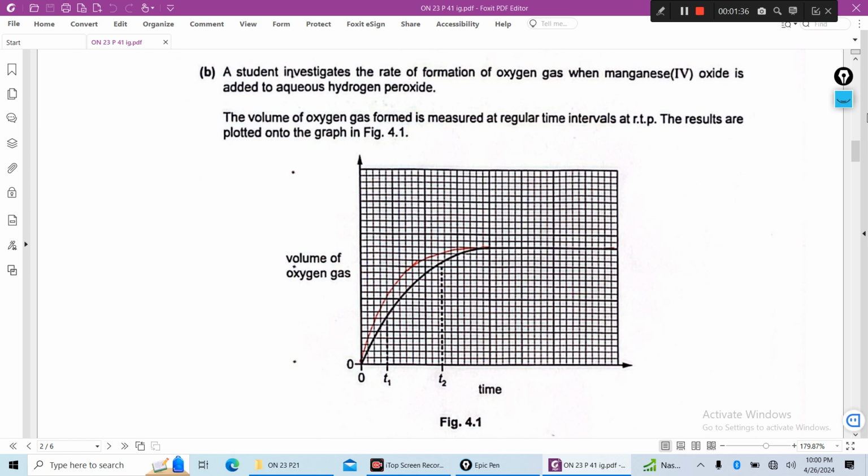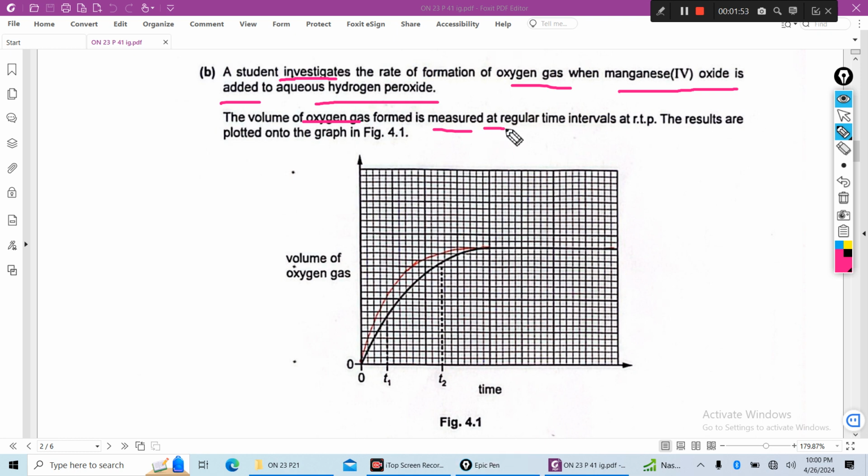Then number B, a student investigates the rate of formation of oxygen gas when manganese 4 oxide is added to aqueous hydrogen peroxide. The volume of oxygen gas formed is measured at regular intervals at RTP. The results are plotted on the graph.